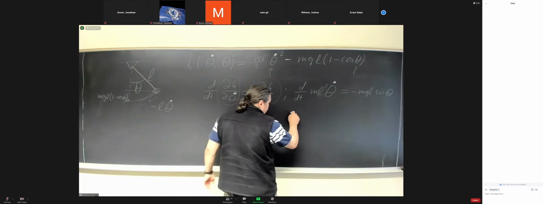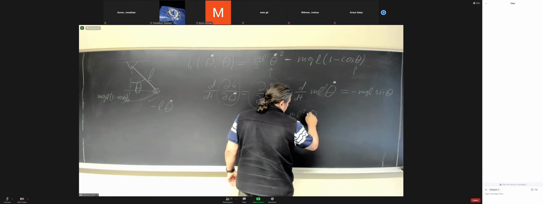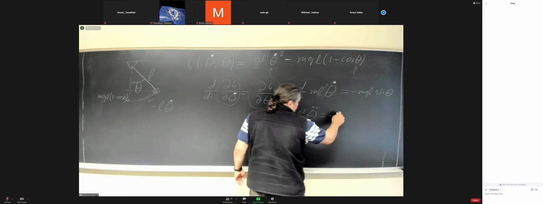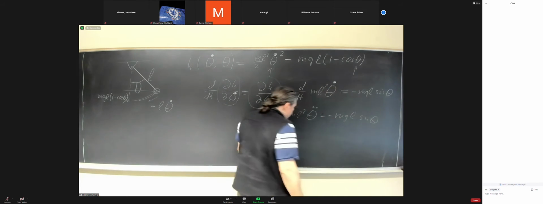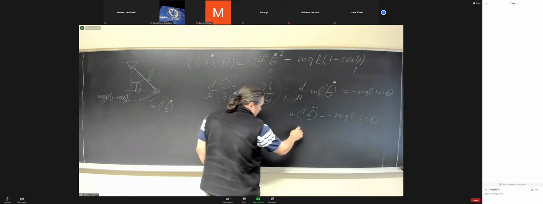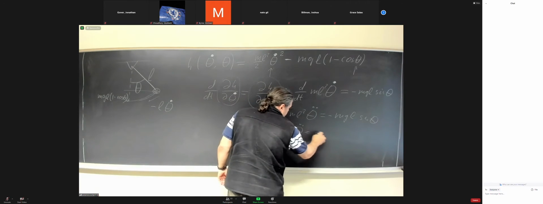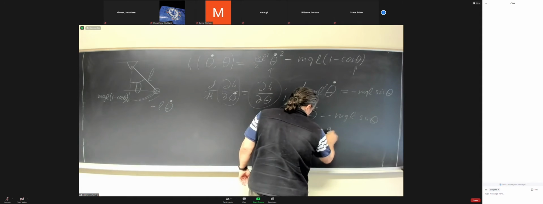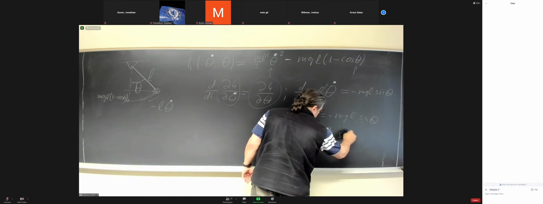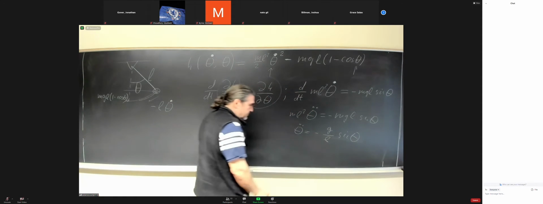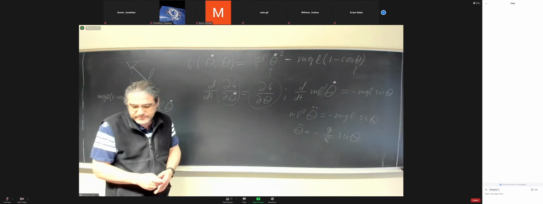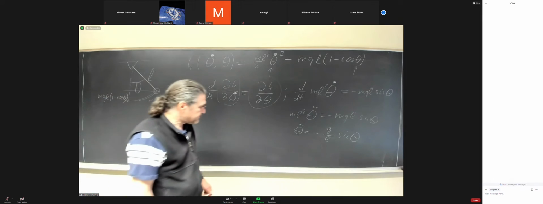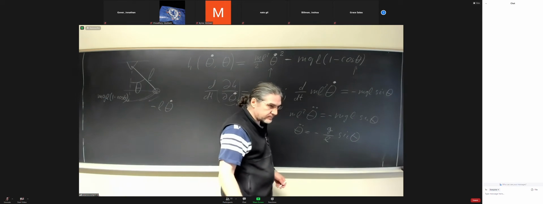So what I then have is ml squared theta double dot equals minus mgl sine theta. So theta double dot equals minus g divided by L sine theta. That's all. That makes sense?